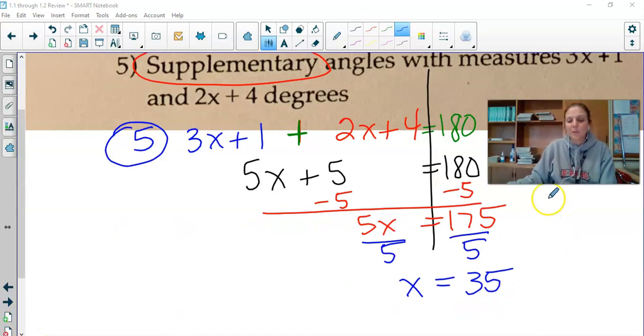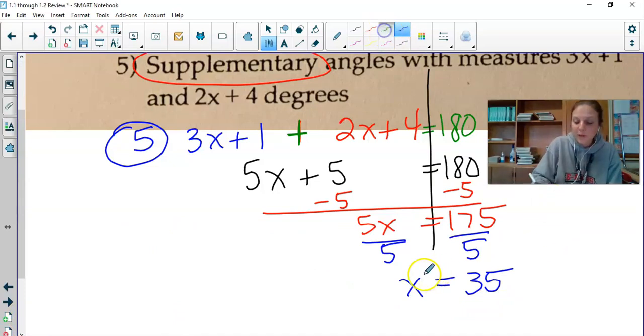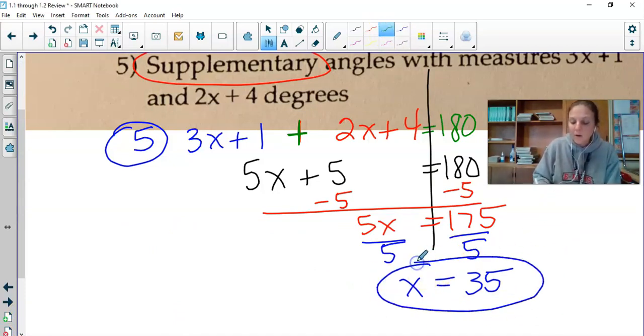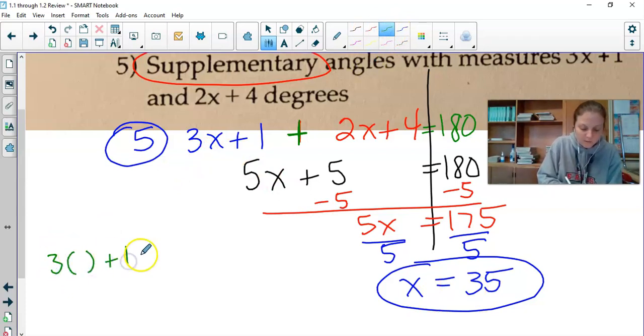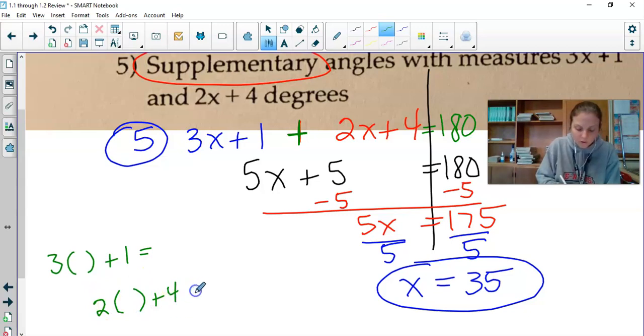So although this is the value of x, don't forget that you're actually looking for the value of the angles. So remember to take each one of these angles that was originally given. So you had the 3x plus 1, and you also had the 2x plus 4, and you need to plug in 35 to find out the actual angle measures.